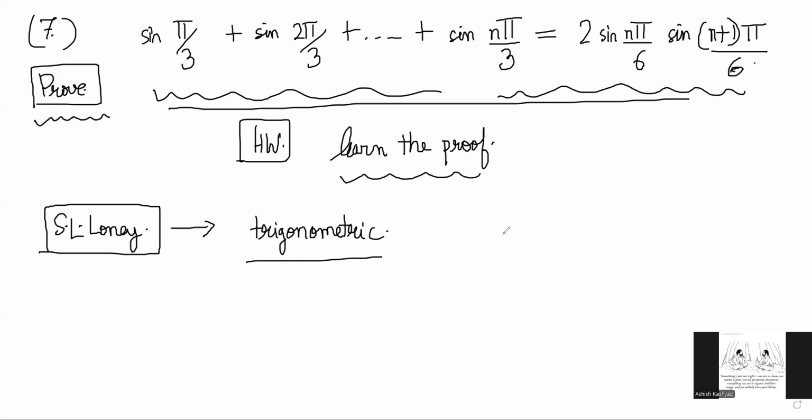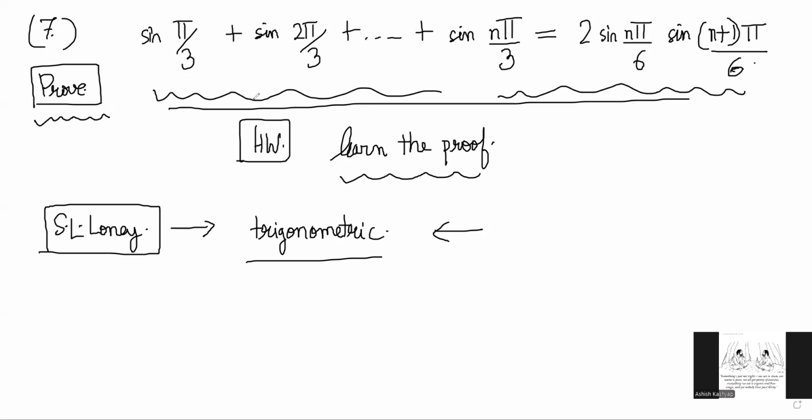trigonometric proof. The trigonometric proof that will work here is the proof where you multiply by sine pi by 6 on both sides. Sine pi by 6 is half of the common ratio.